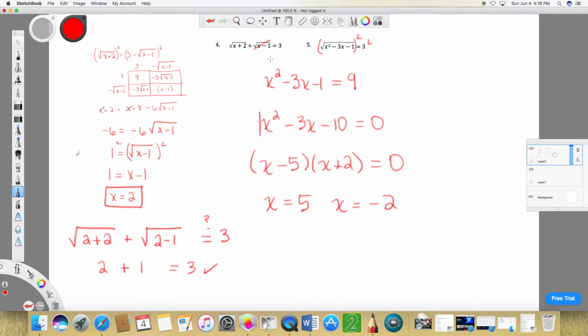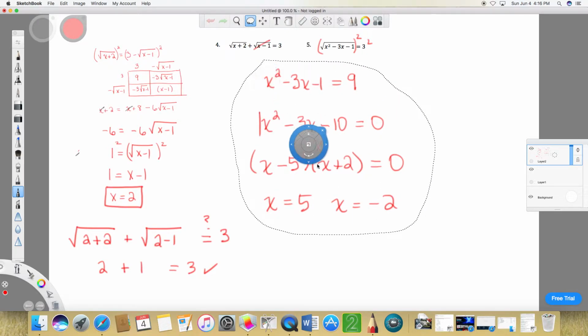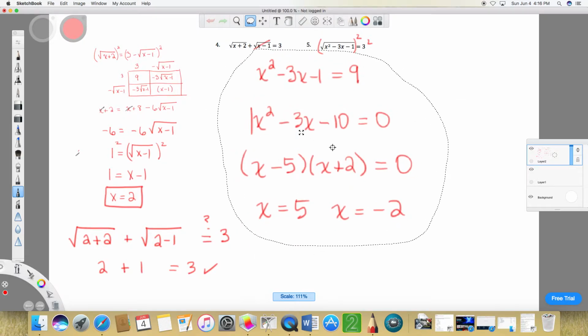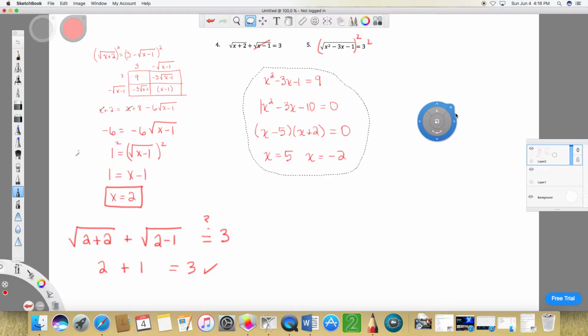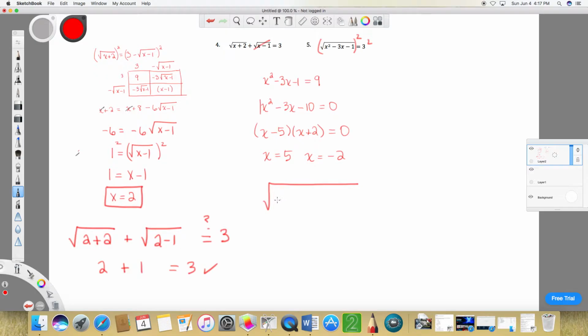So we need to check these and see if either one of these is extraneous. Will they both satisfy the original equation? When I plug in 5 on the left-hand side, I have the square root of 5 squared minus 3 times 5 minus 1.